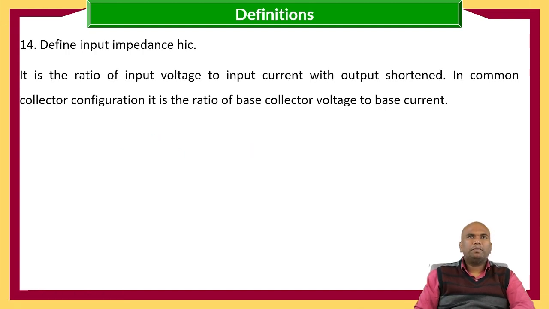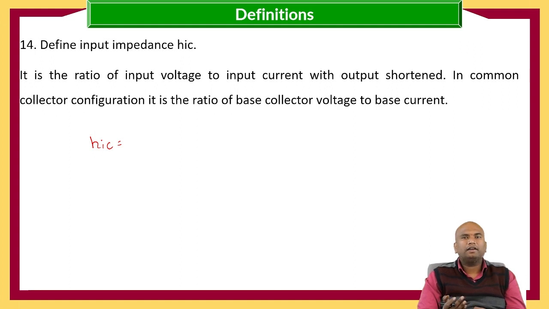Define input impedance HIC. HIC, I is input and C is the common collector. Input impedance is the ratio of input voltage to the input current with output shorted.